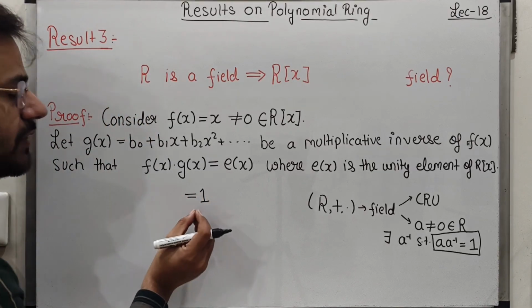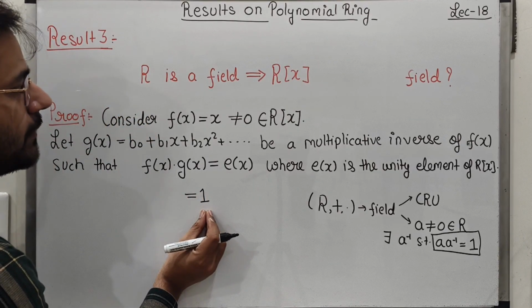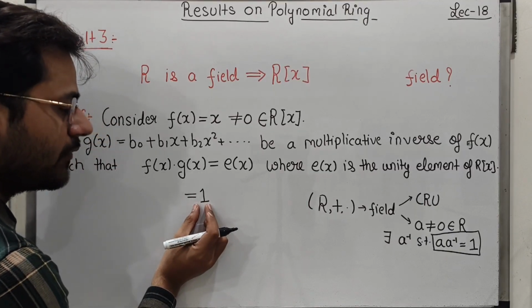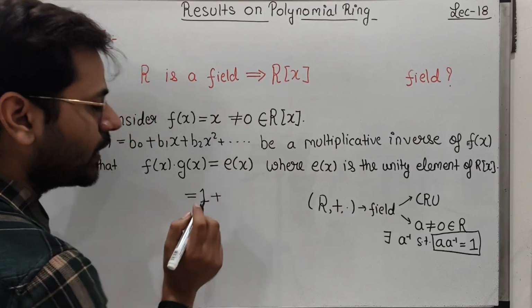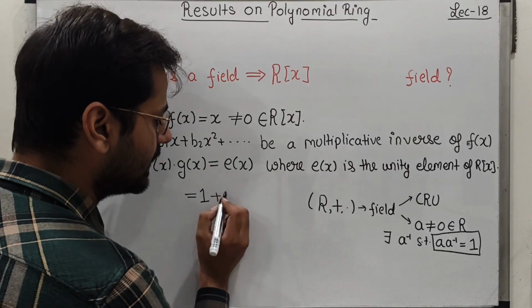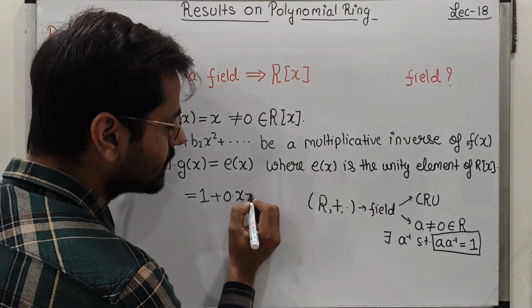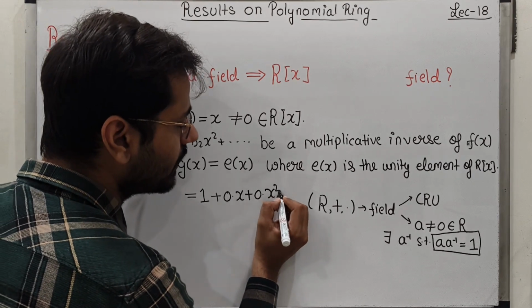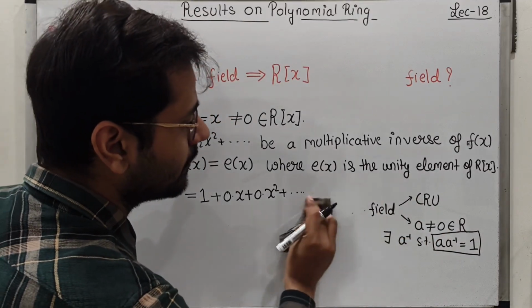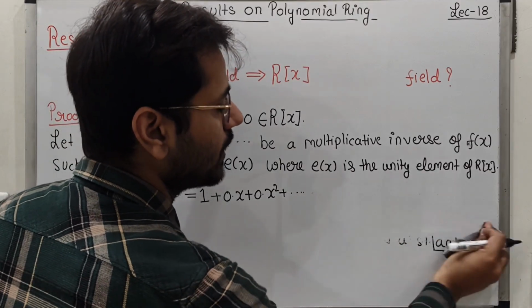The notation which we use to represent the unity element in R is 1. So the constant term here will be 1, and if you express it in polynomial form, then you can expand it as 1 plus 0·x plus 0·x square, and so on.